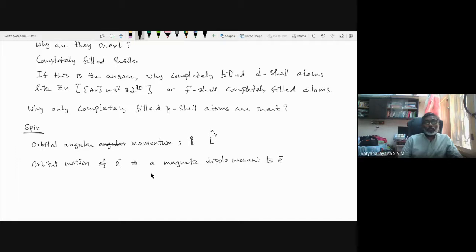How do we know? What is this magnetic dipole moment? We can say that this magnetic dipole moment, let me call it mu L, is equal to e by twice m e into L. So this is the dipole moment. If there is an angular momentum L, that means there is a magnetic dipole moment mu L. How do we know?